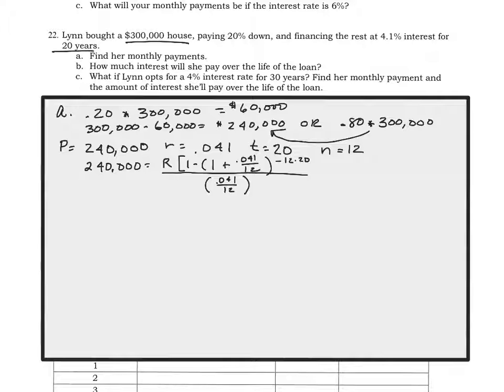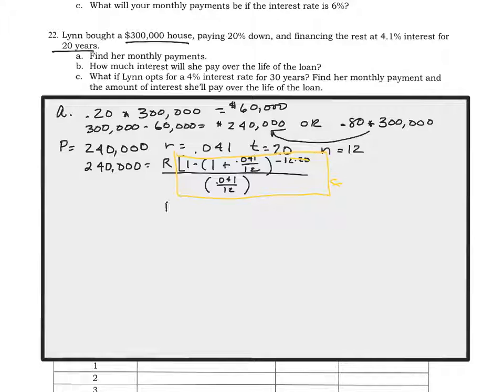All right, so as always, we will go ahead and calculate this amount first. We know that negative 12 times 20 will be negative 240. So feel free to change that if you'd like to negative 240. It's up to you. So then we'll take the 240,000 and divide by whatever we get here.